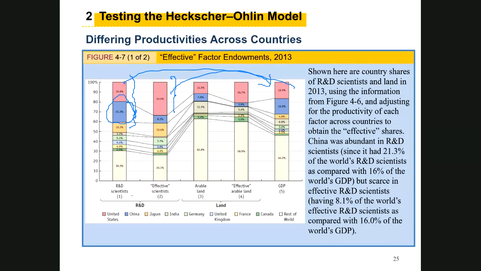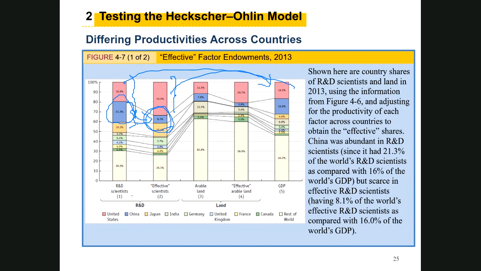But after we adjusted, the proportion of China decreased to 8.1%. So now, in terms of effective scientists, China is no longer abundant in effective scientists. Instead, we should say that China is scarce in effective scientists.